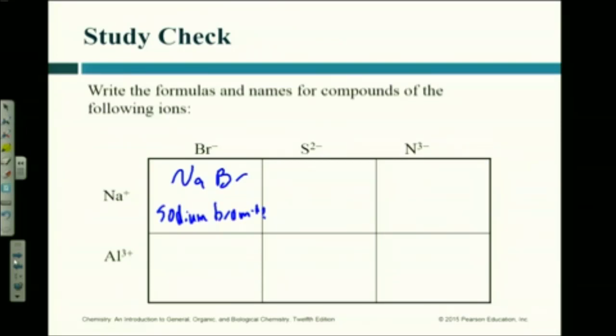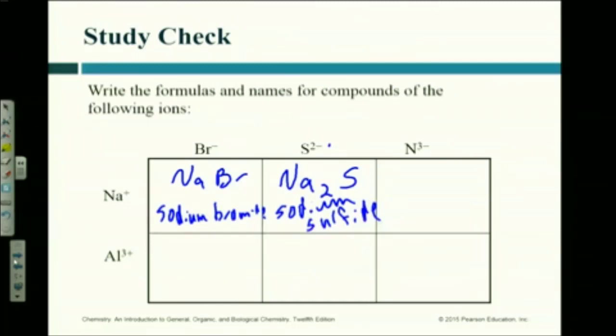Are we ready? So what's the next one right here? Sodium sulfide. What's the formula? Na2S, because it takes two of these to equal one of these, right? I have to have two positives to equal the two negatives. So it is sodium sulfide.